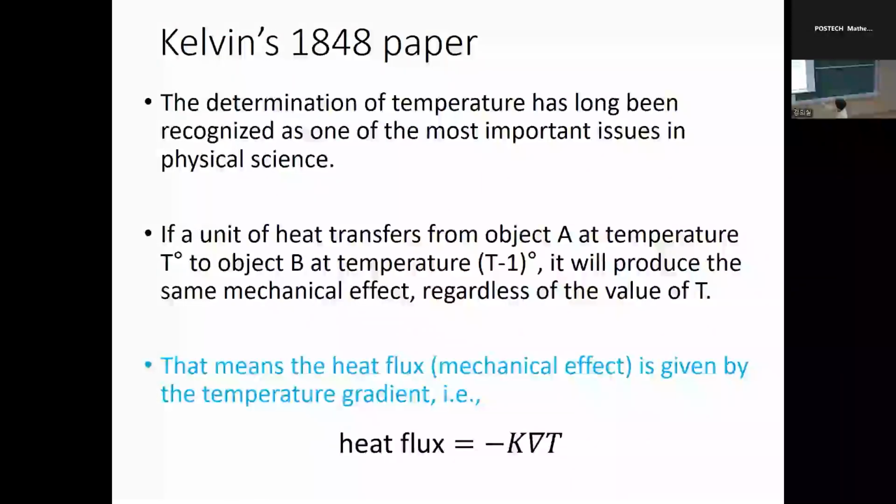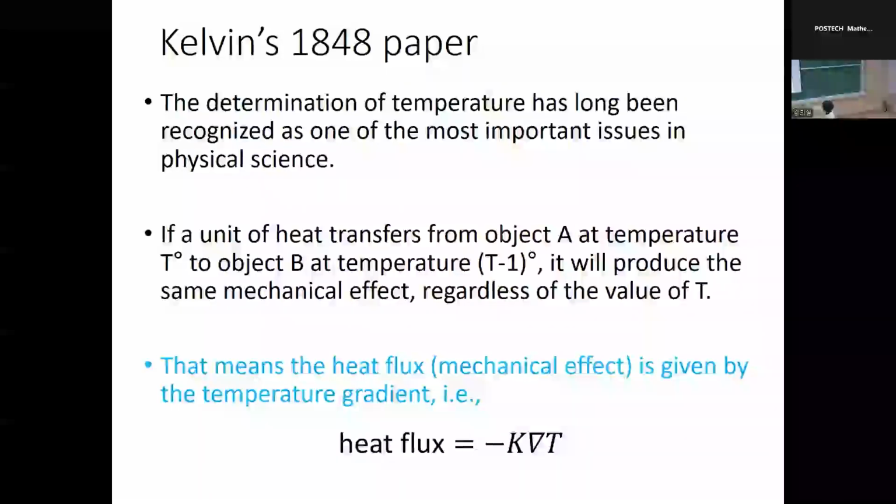In Kelvin's paper, somehow he defined that temperature should be something such that heat flux is given like this, and then this one should be the temperature. So his definition is just taking Fourier's law. Fourier's law is from 1822, and temperature is the one that satisfies that. That is the definition.